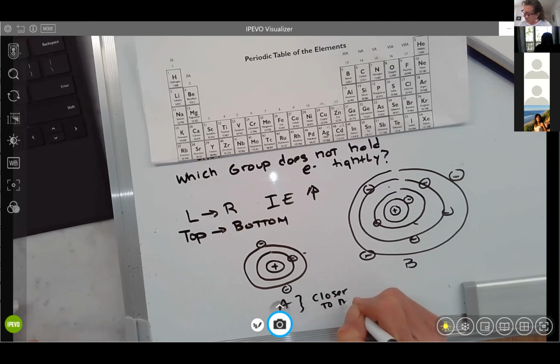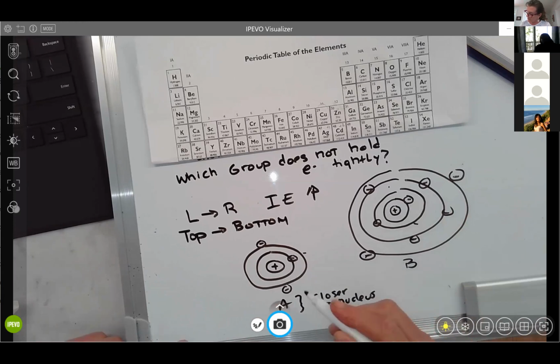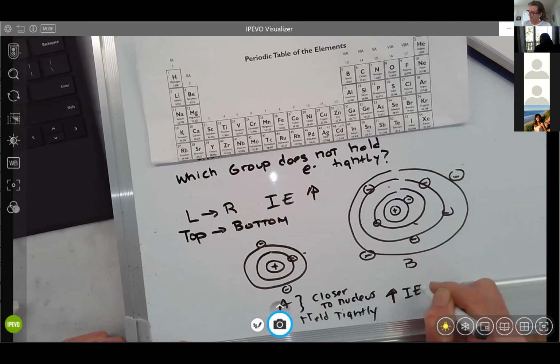Because these electrons are closer to the nucleus and there are fewer negative charges in between this electron and the nucleus, that's called shielding. This is going to be held more tightly. That means it's going to require more ionization energy to eject the electron.